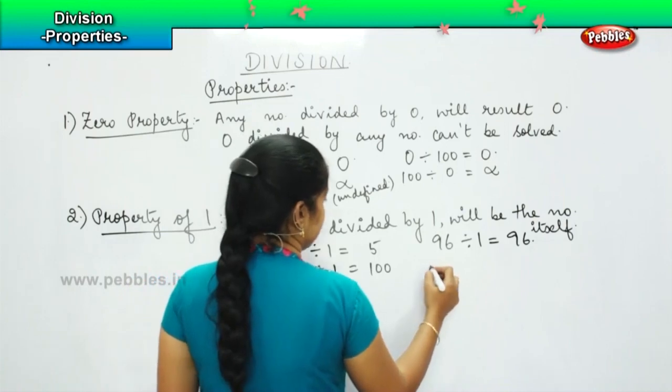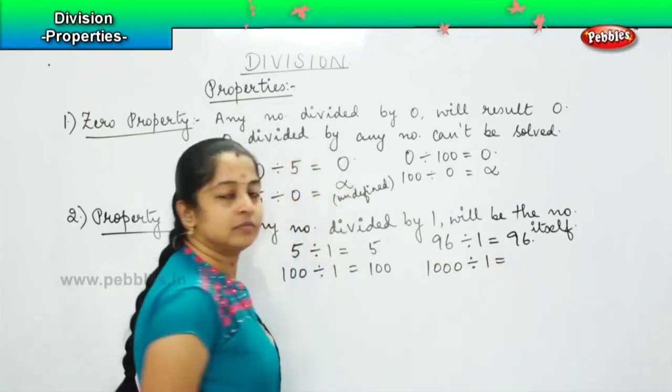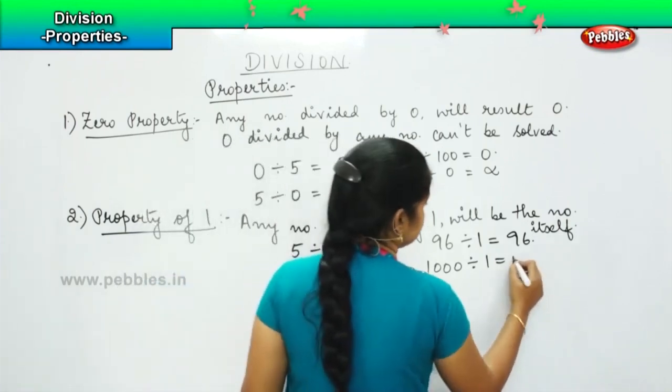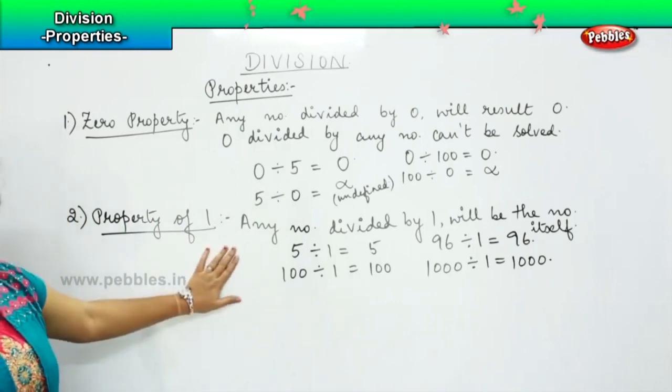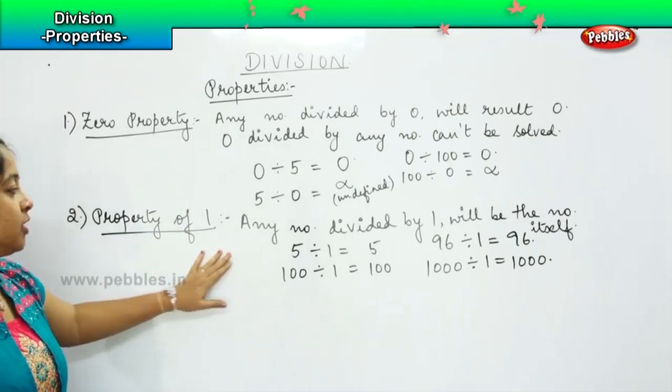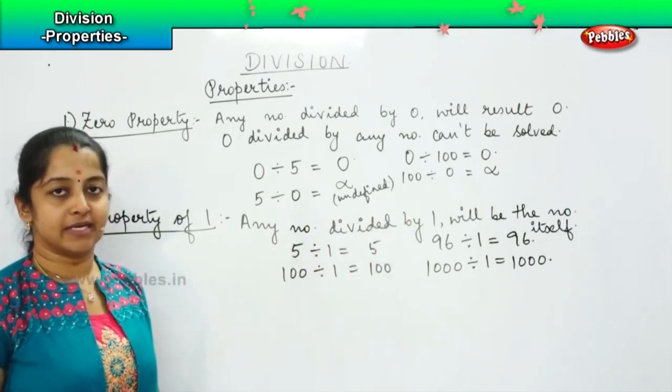Okay, say 1000 divided by 1. Very good, it will be the number itself. So, are you clear with this particular concept, children? So, any number divided by 1, the answer will be the number itself.